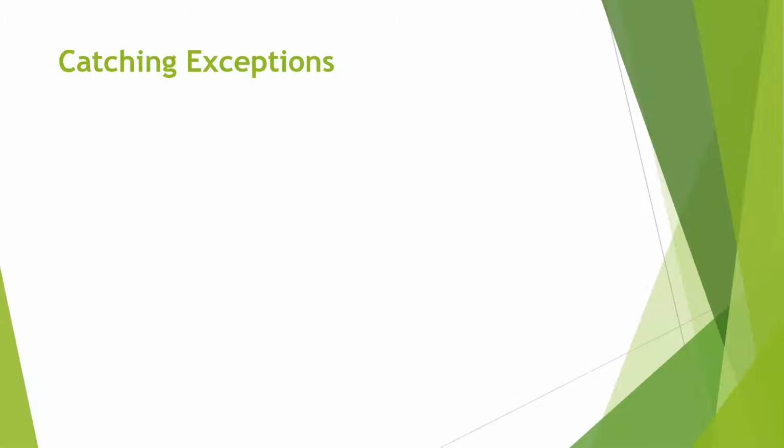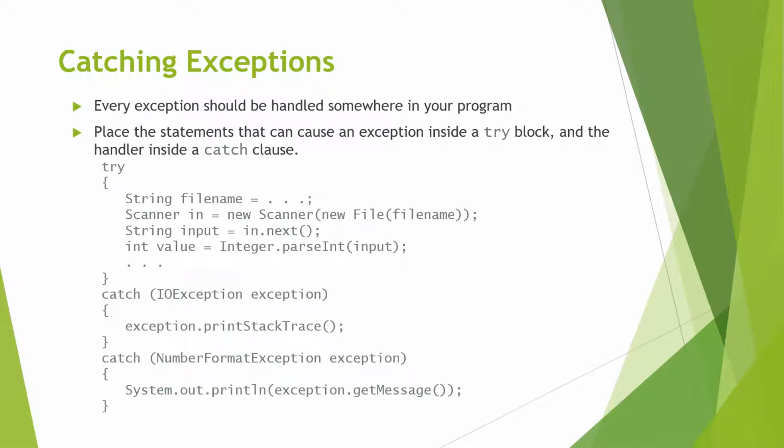It's important to know that there's a rule in Java that says every exception should be handled somewhere in your program. You need to place the statements that can cause an exception inside the try block and the handler inside the catch clause. So as you see in this piece of code, we have a try block that contains the statements that may cause an exception, and we have two catch clauses.